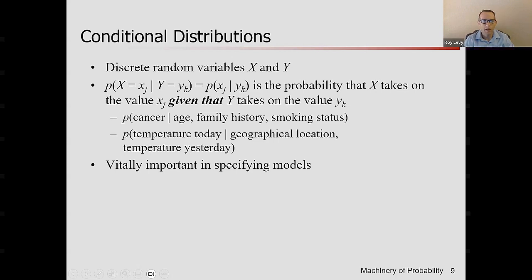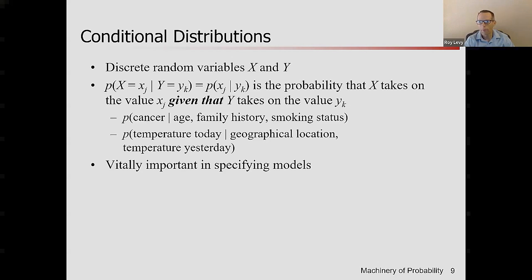We do this kind of thinking and formulation of models all the time, even if we're not explicit about it. In a medical diagnosis example, what's the probability this patient has cancer given their age, their family history, and whether they smoke?